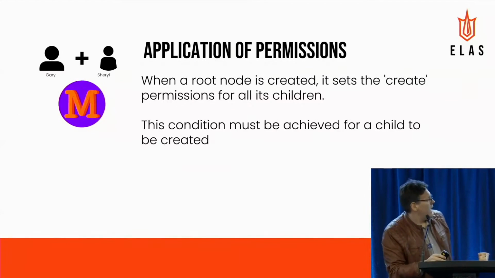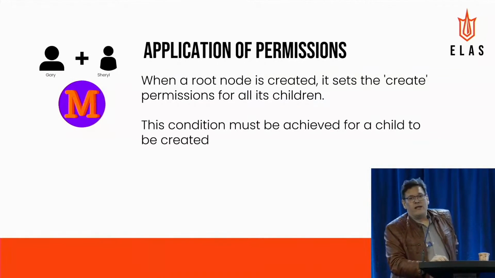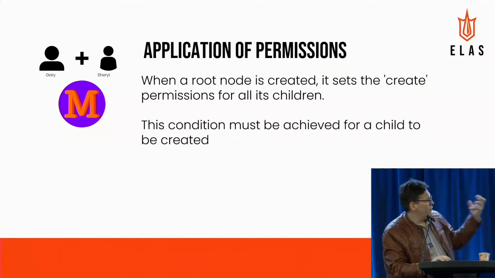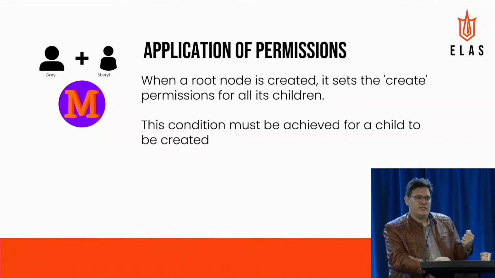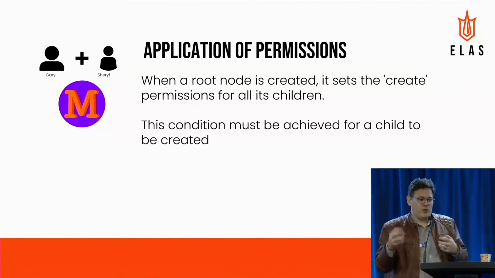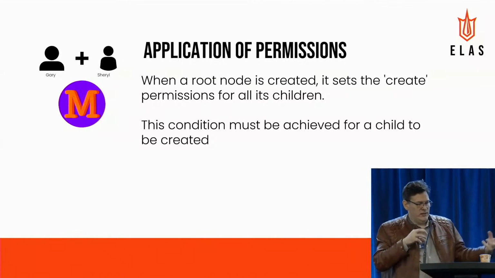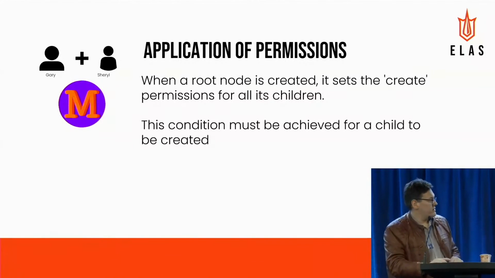There we go. Application of permission. When the root node is created, this is the first transaction in one of these databases. You don't need any permissions for this to happen. It's actually a two-step process. We have to create a special output that's got some script in it that does certain things.